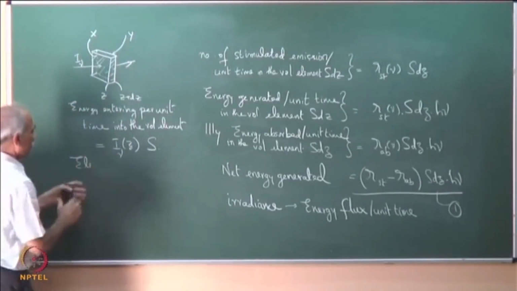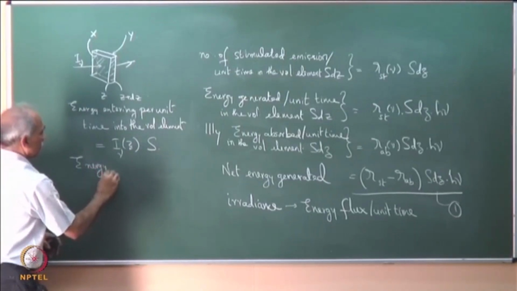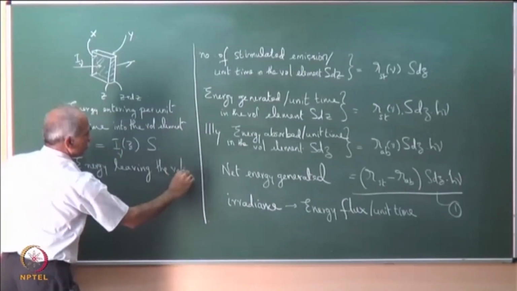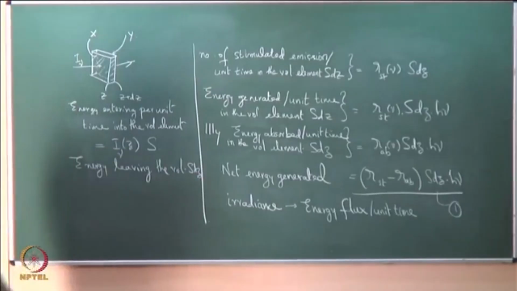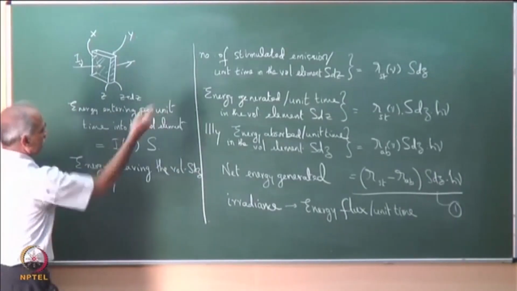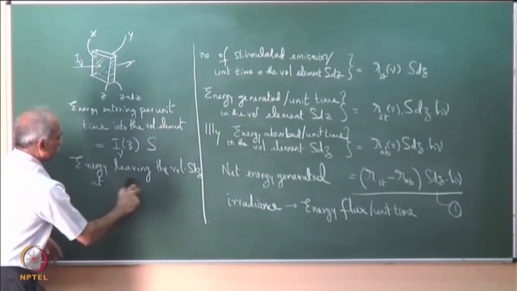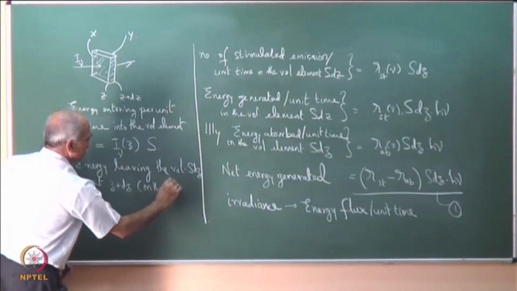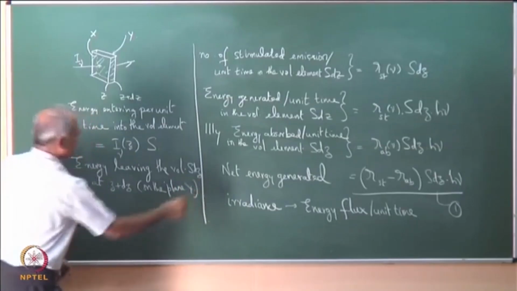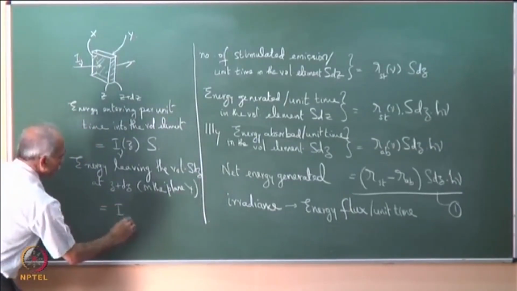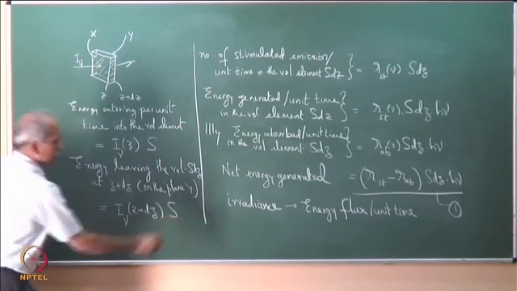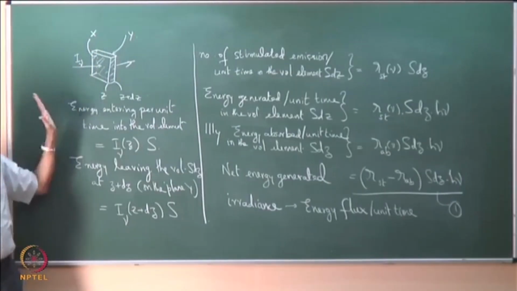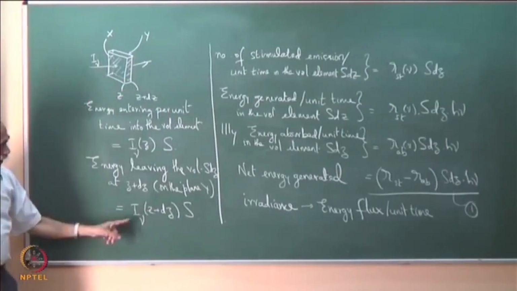The energy leaving the volume element S dz at the plane y, at z plus dz, is equal to I nu of z plus dz into S. I is the intensity or irradiance, and multiplied by the surface area it tells you the energy leaving.